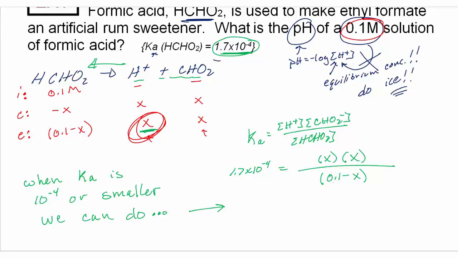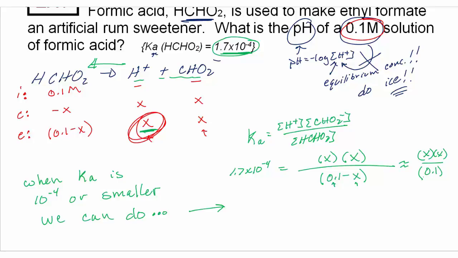So if you take 0.1 minus a really small number, you get 0.1 again. So this is approximately x times x all over 0.1. Because 0.1 minus a very, very small number is 0.1. We drop the minus x.